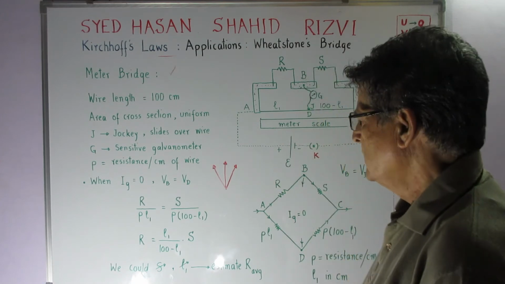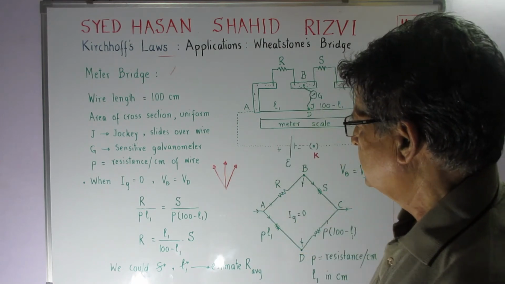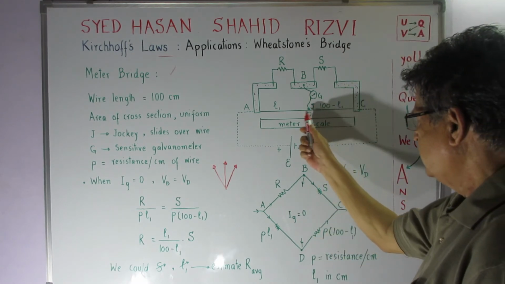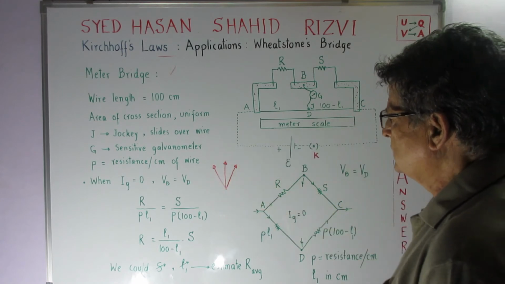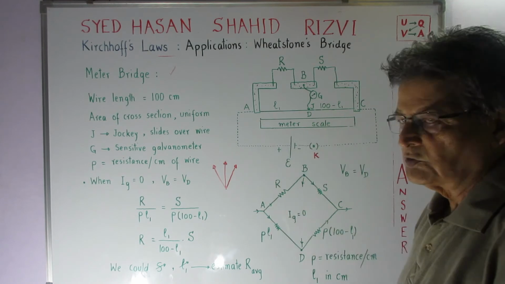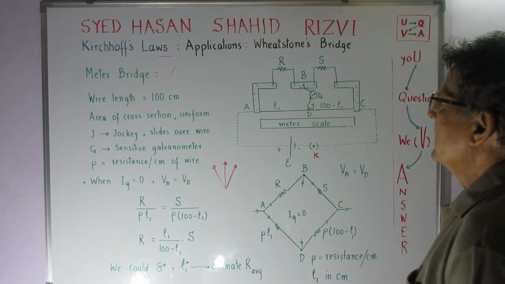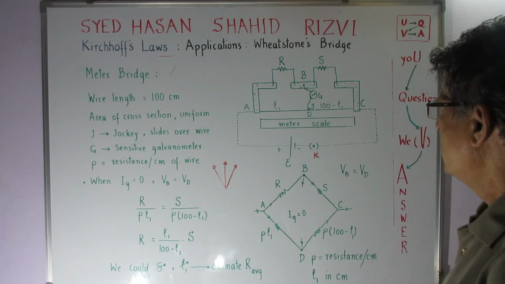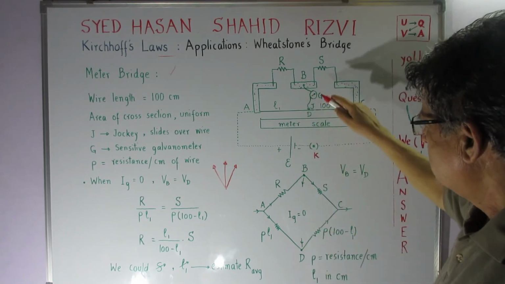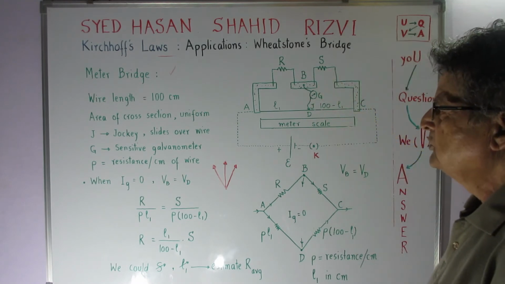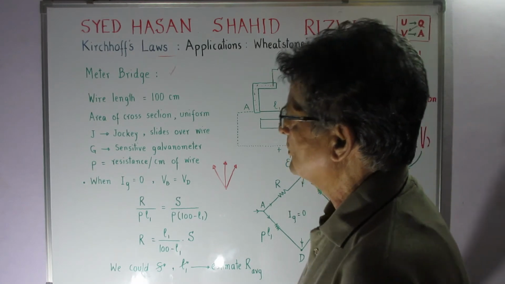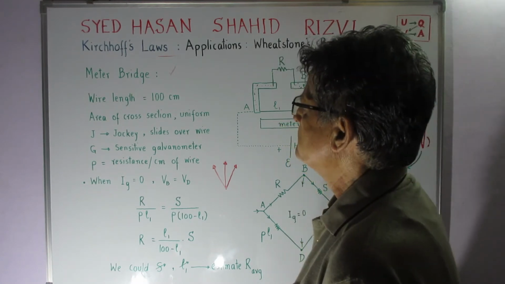What we have to do is we have to get the value of the current, because if this is the balance condition, and if I take it on this side, then maybe the current goes this way, and if I take this balance position on this side, then the current goes the other way. Okay. There are means by which we can make this galvanometer more sensitive by shorting the terminals, which we'll talk about when we are talking about the ammeters and galvanometers, etc.